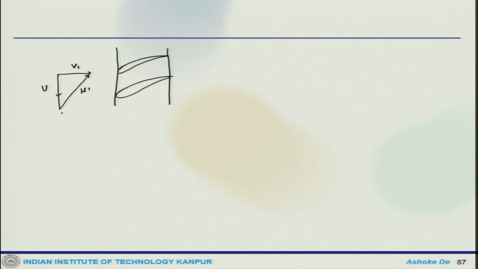So, we have already looked at that, but just to reiterate the fact by showing some. The velocity triangle would be like this. So, this is V1, U, this is W1 and this is Vz, this is A. Now, that V0 which goes in. So, these are the blades here.